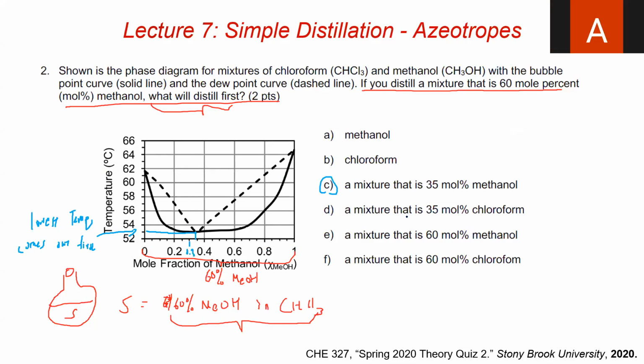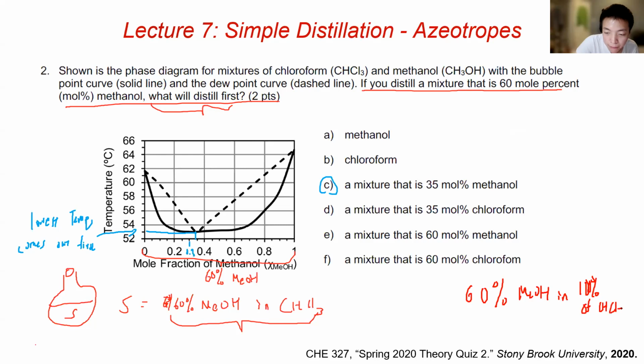Can you please explain why it's C and not D? No, D is 35% of chloroform. The question is asking you to distill 60% methanol in chloroform, up to 100% chloroform.